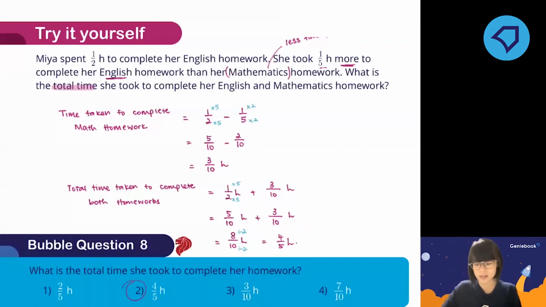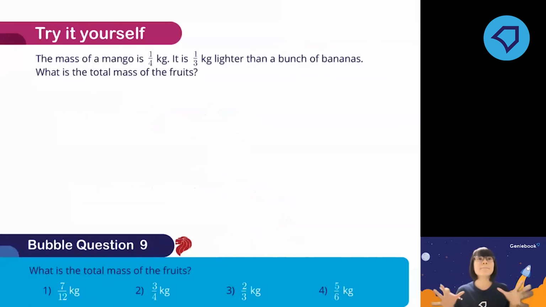Yes, okay, so let's take a look over here. The mass of a mango is 1/4 kg. It is 1/3 kg lighter than a bunch of bananas. What is the total mass of the fruit? So read the question carefully.